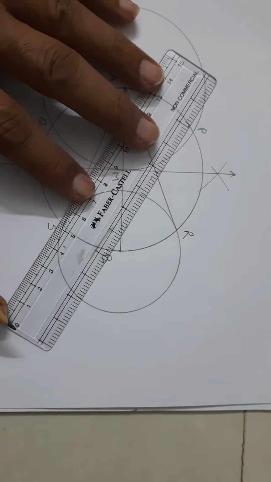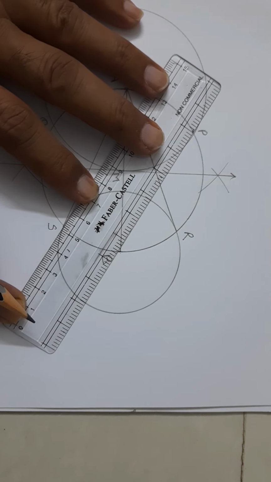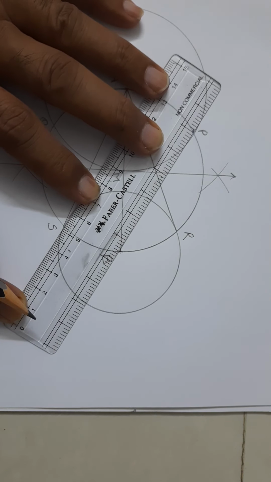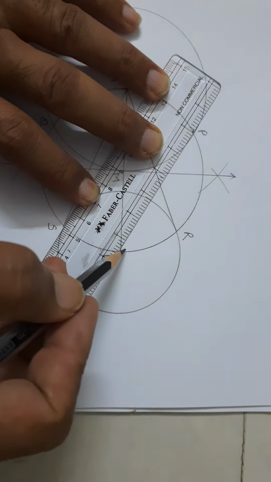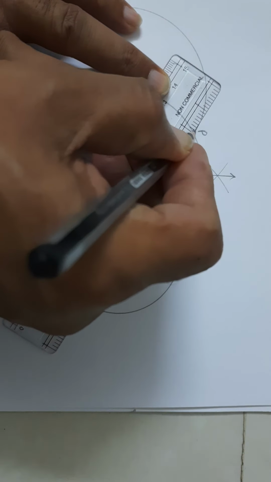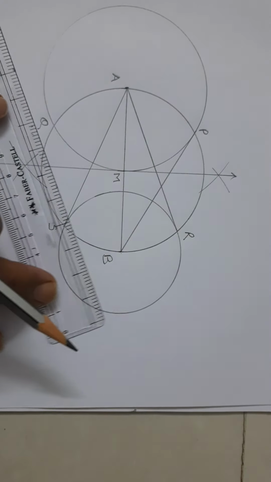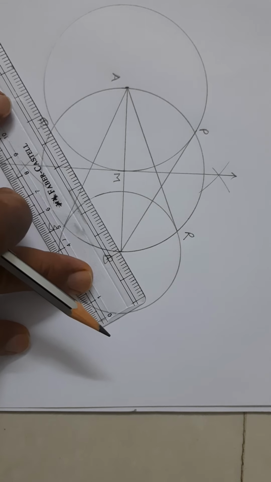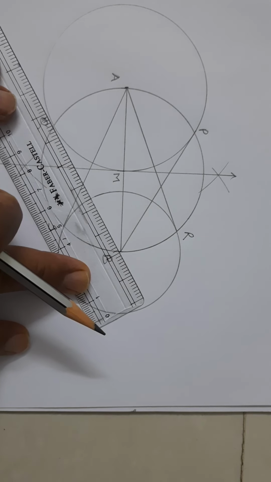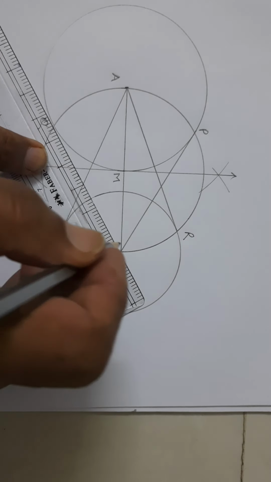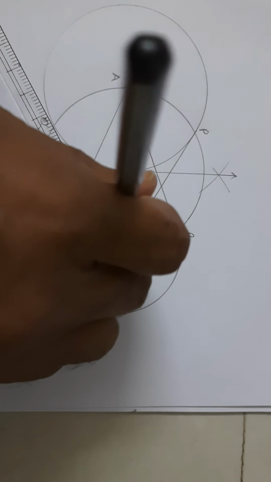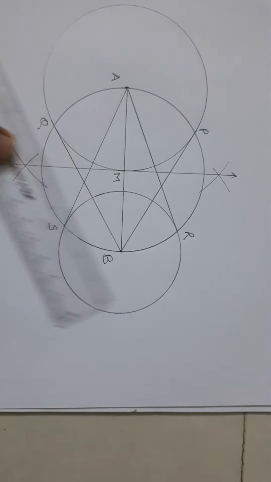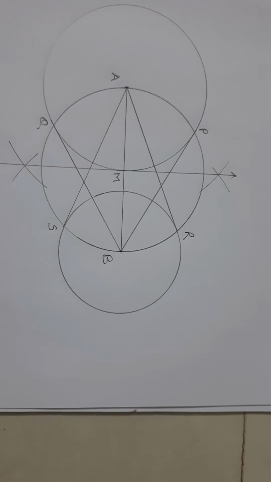Then B to P, that is a tangent from center B to the circle with center A. And this is BQ, that is another tangent from center B to the circle with center A. This is how this construction is done.